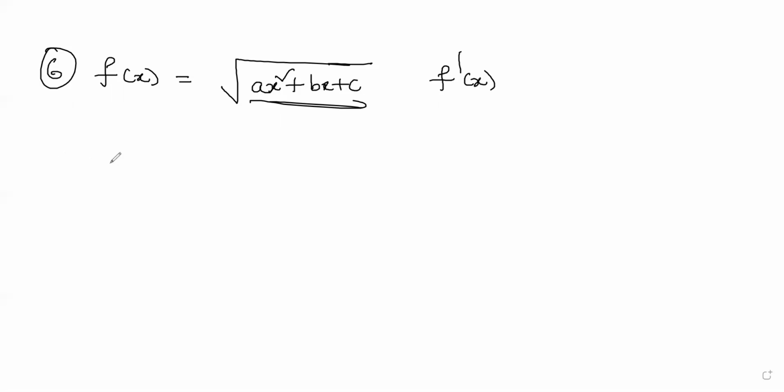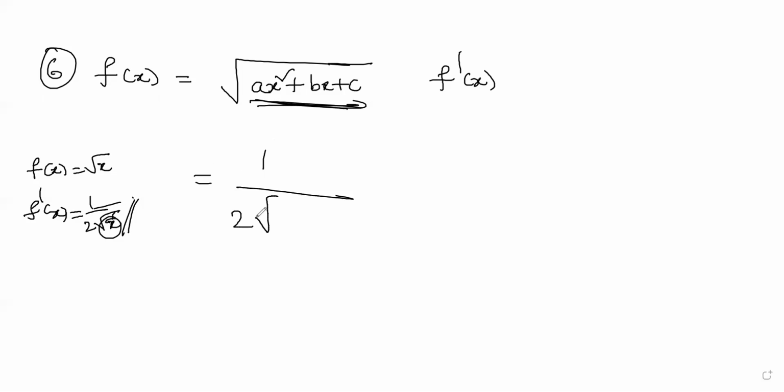And now what we'll do? So f of x is root x. If it is root x, then the derivative f dash x becomes 1 by 2 root x. Right? Now instead of x, this thing is there. So I'll write 1 by 2 root of ax square plus bx plus c.